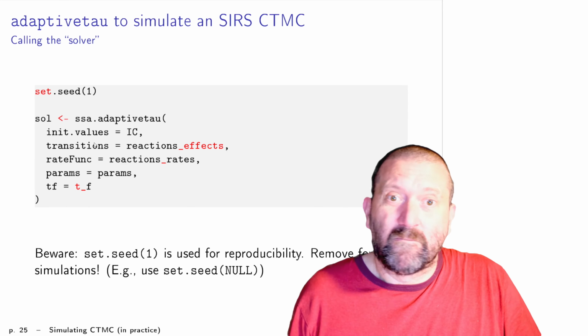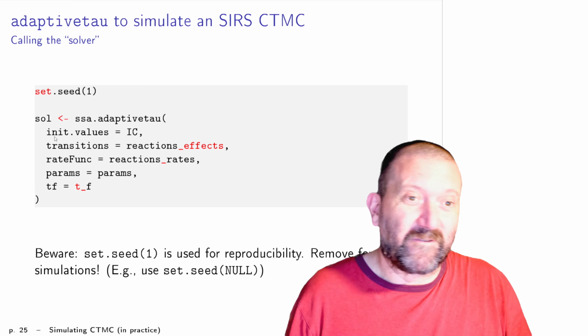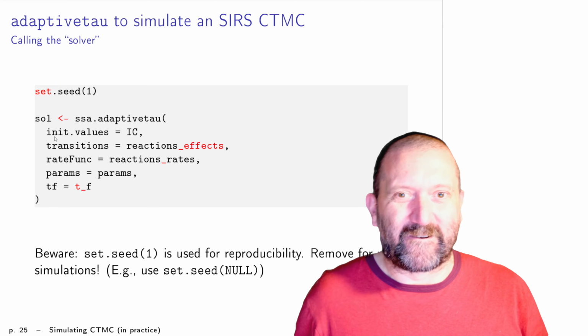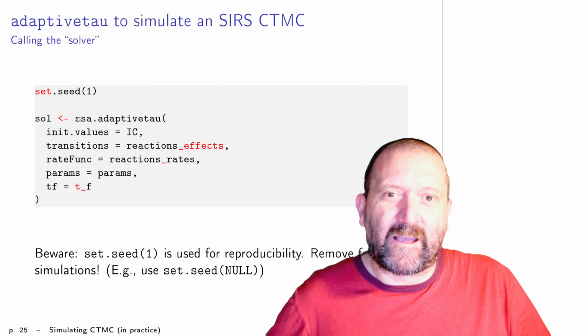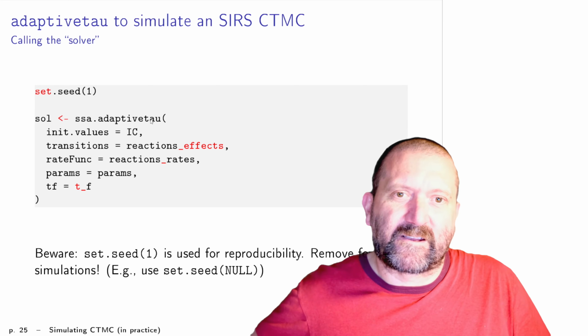So how do I do it? It's very simple, very much like what you do when using ode45 or ode to solve your differential equation. You say SSA, and here I'm using the adaptivetau version. I'll come back to that in a second.